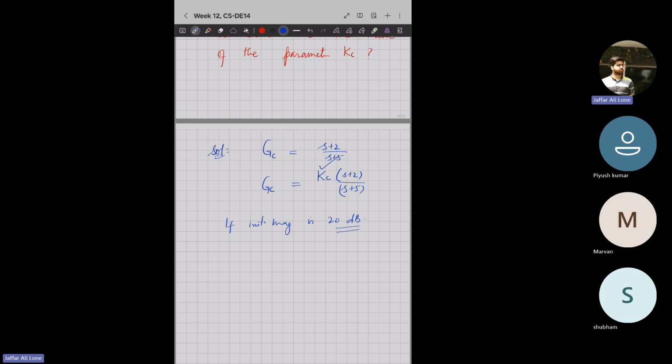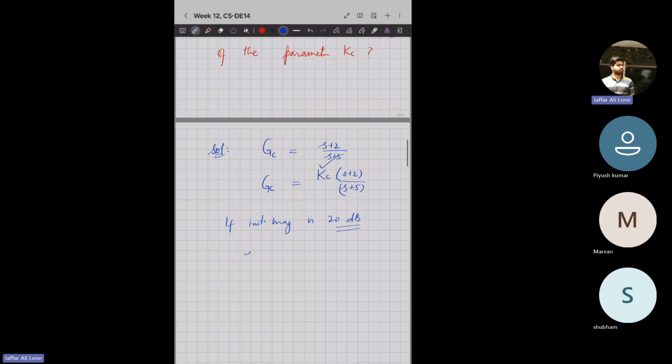Initial magnitude is minus 20 times the number of poles at the origin into log of something at the initial frequency, plus 20 log k. But here there is no pole or zero at the origin, so that term will vanish. So the formula will be 20 log of Kc is equal to 20. Very simple. Initial magnitude is given as 20 decibels, that's why I wrote 20 log.